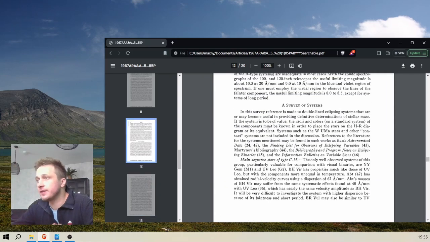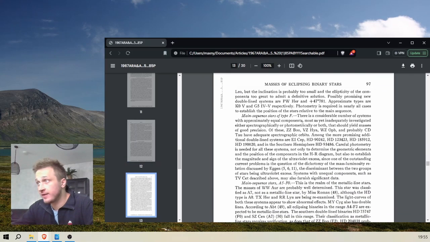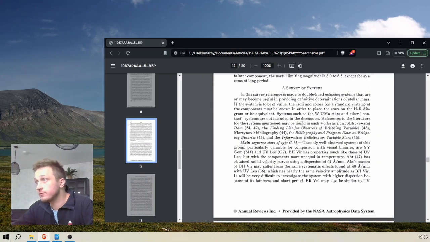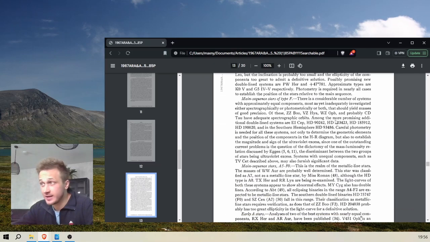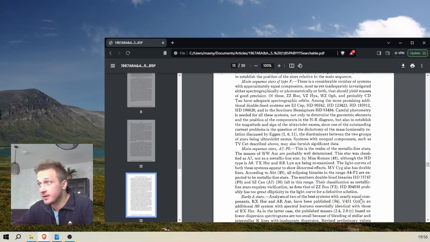So he's talking about, I think, all of these different stars, and he's talking about the data that you can find regarding these systems, and then he's evaluating whether or not it's helpful, if we can know the radii and the colors so that we can place it in an HR diagram. Maybe that's what he's doing. And now he's talking about the main-sequence stars of type F, also in these works.